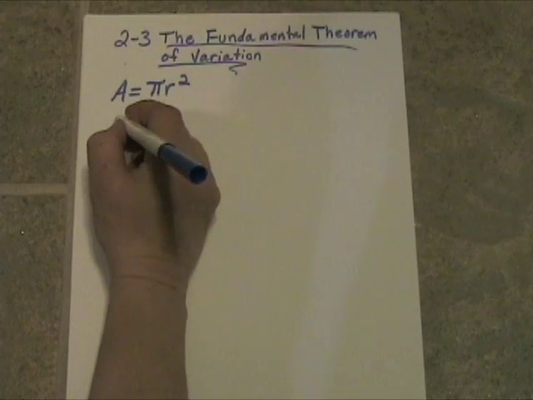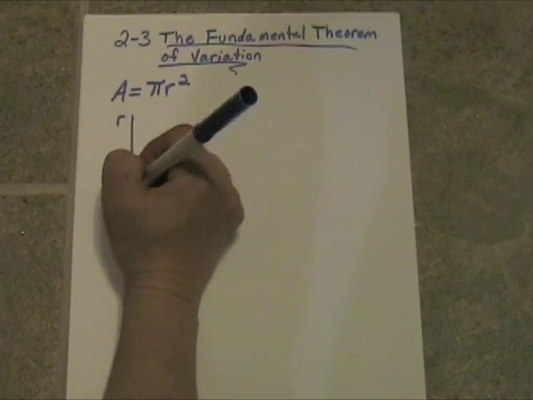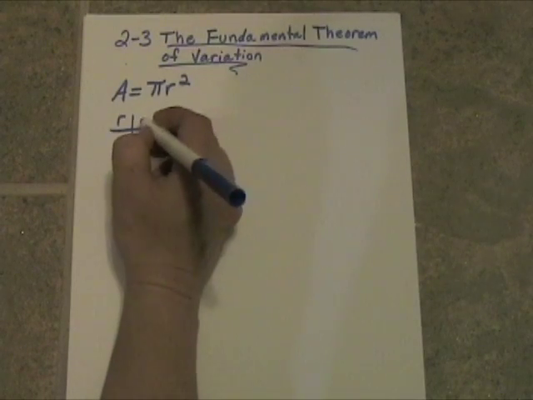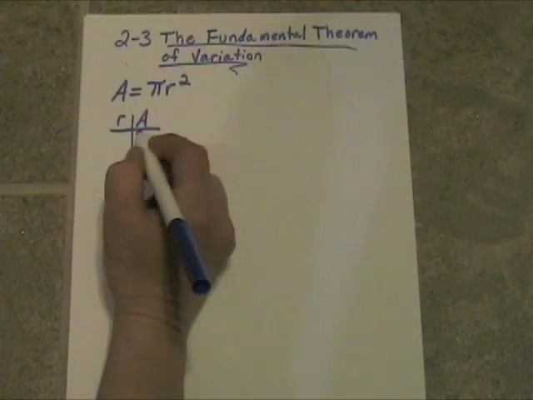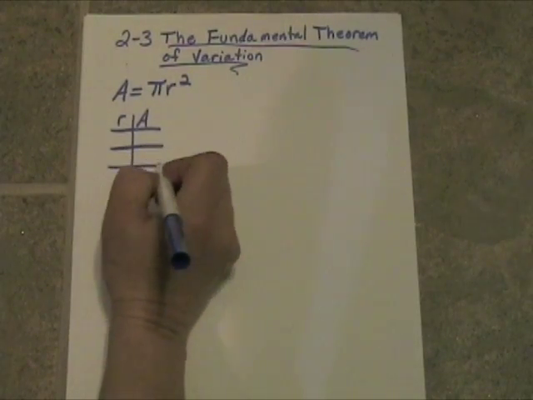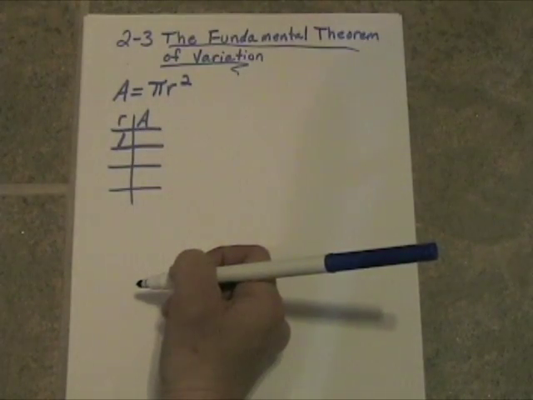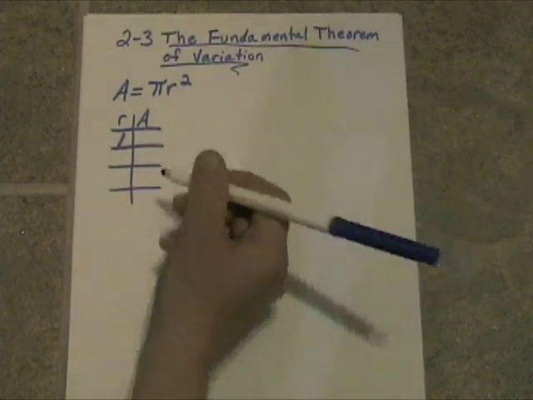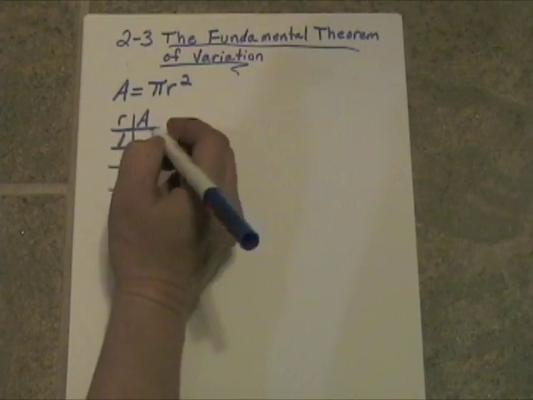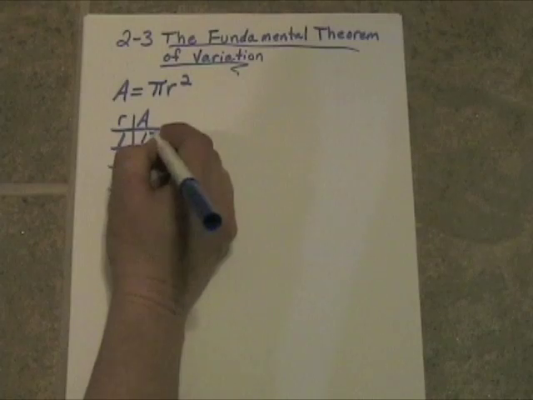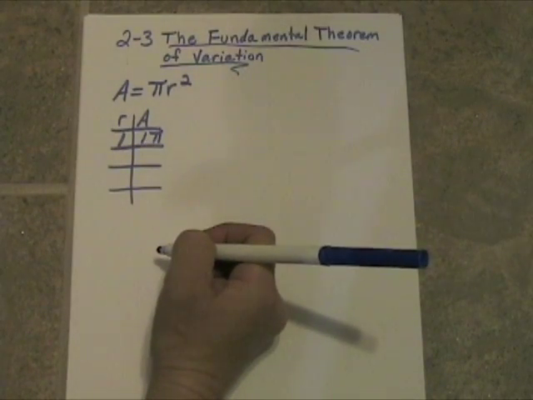Alrighty, so let's take a look at a few values here that would result if we plugged in some different radii. If we put a radius of 1 in, we will get 1 squared, which is 1 times pi. We'll get 1 pi for the area.